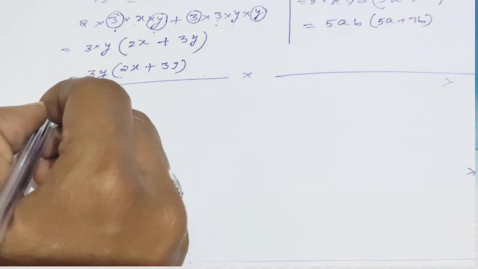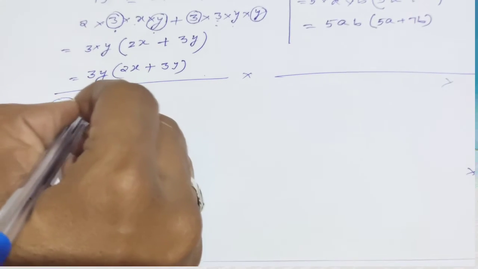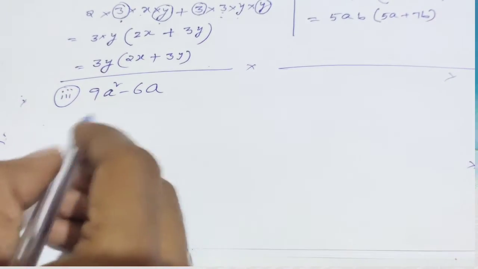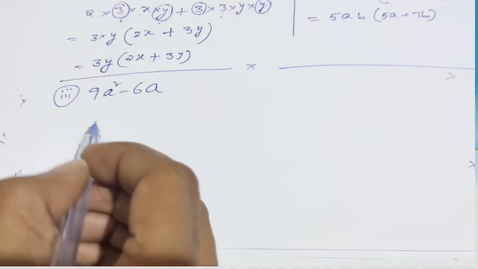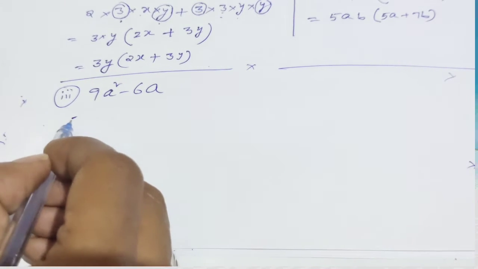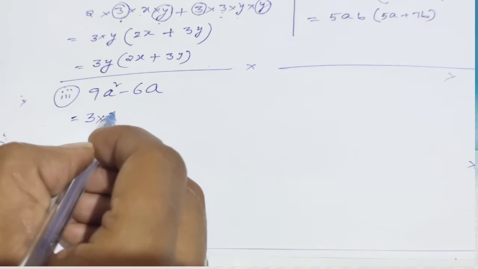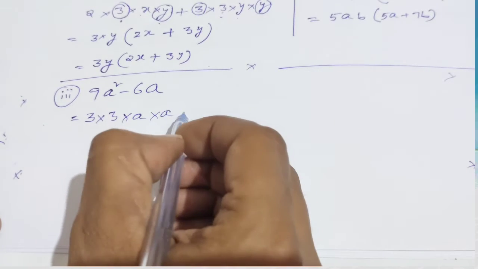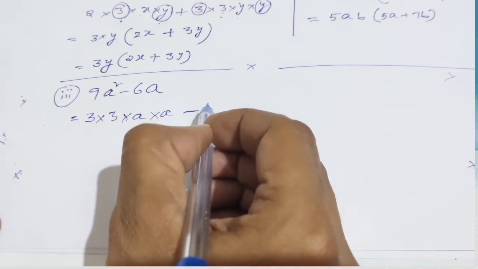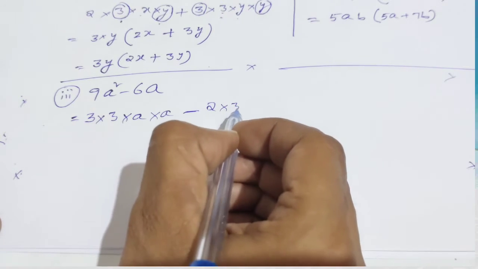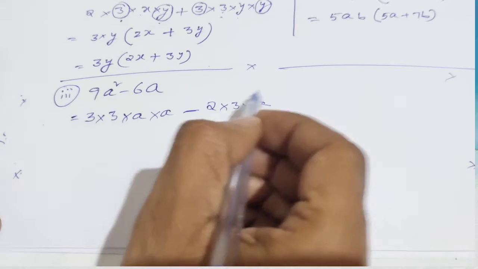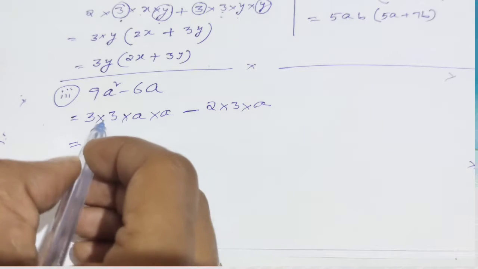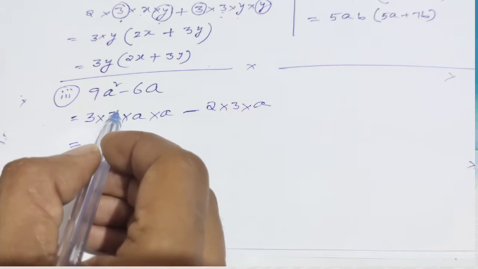Now let us do some more sums for better understanding. So here factorize 9a square minus 6a. Now 9 can be written as 3 into 3, and then a square is a into a, minus that 6 is nothing but 2 into 3 into a itself. Now in both of these, identify the common factors.